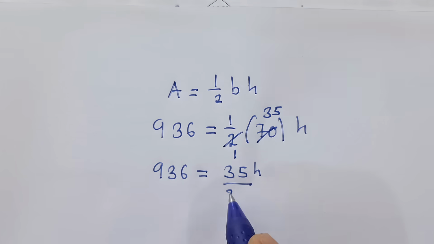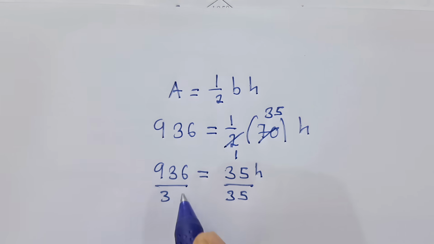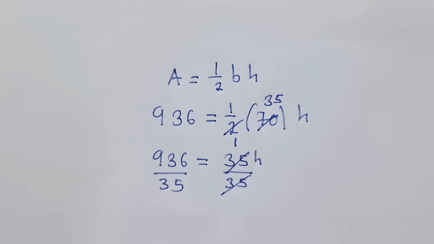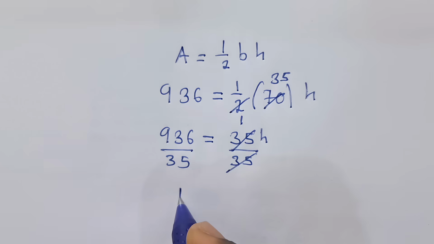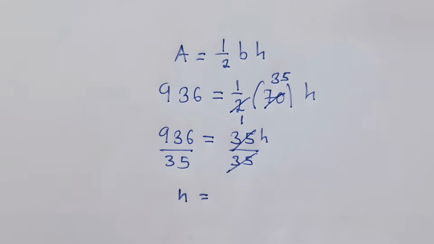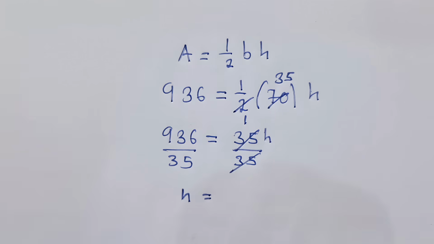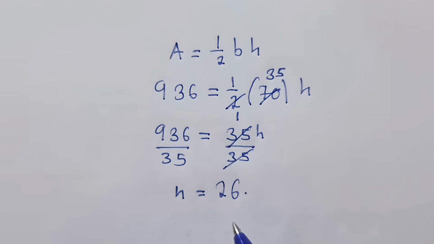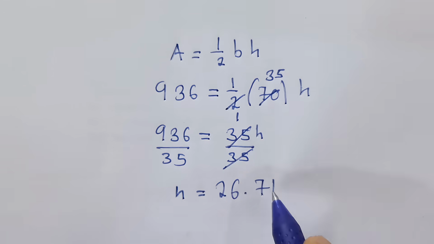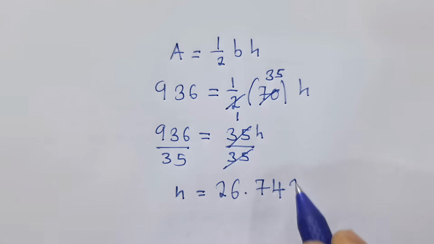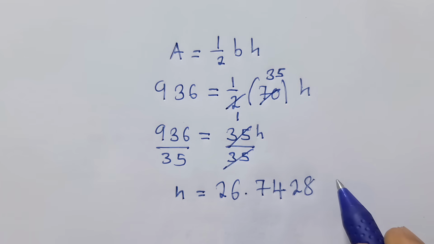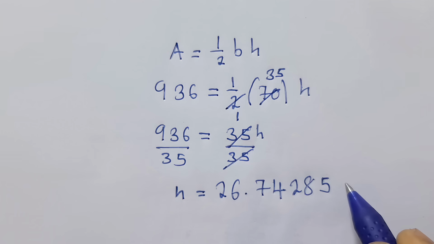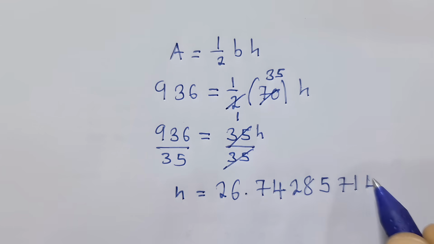We now divide by 35 on both sides, so this and this will go. So we shall have H is equal to 936 divided by 35. It's giving us 26.742857114.